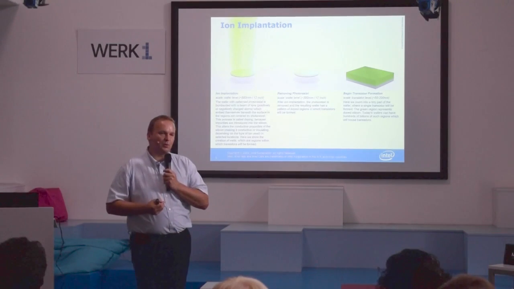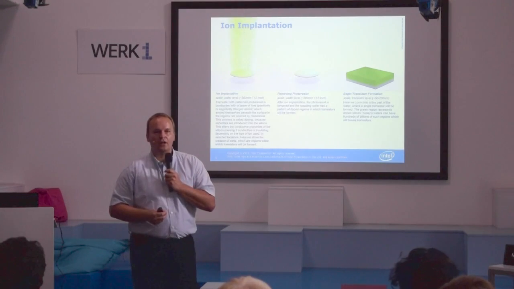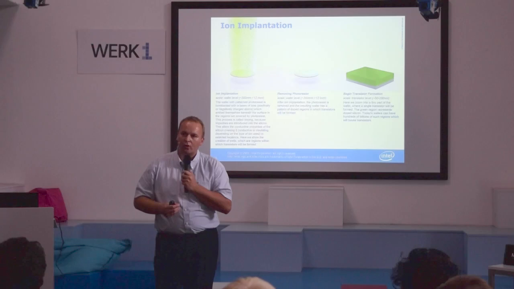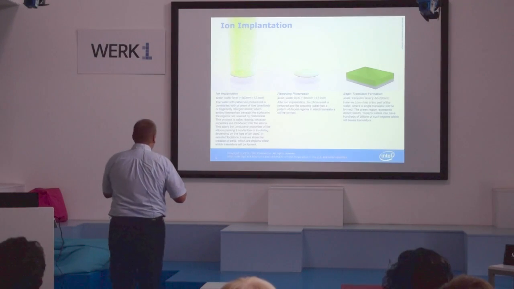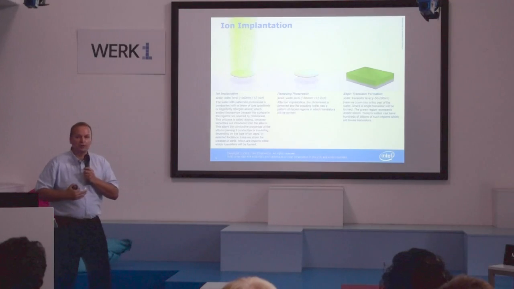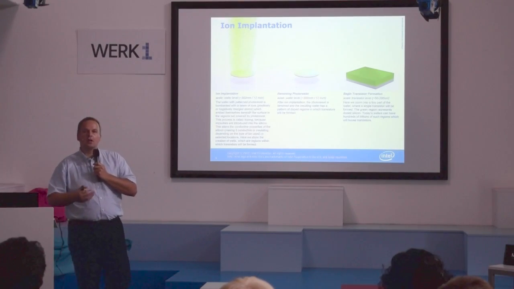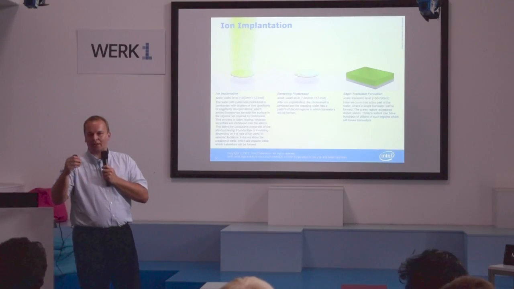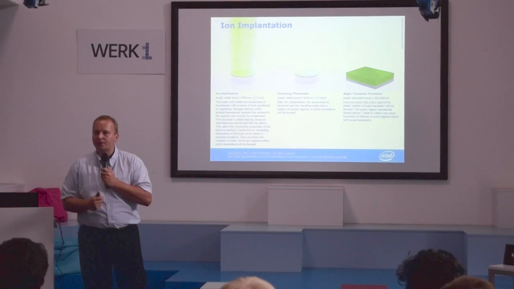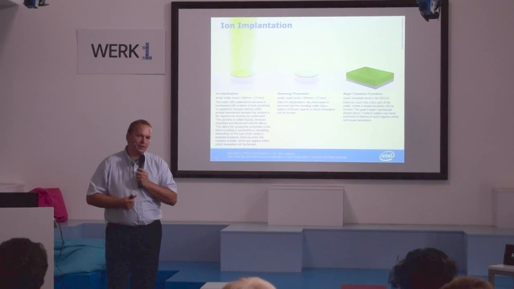We want them to be semiconductors, so we have to change the surface of that wafer according to our needs. Ion implantation is basically something where we put that wafer coated with photoresist into an oven, and then the gas goes in with the ions, and the ions basically implant themselves on the surface, and that's one big step in the beginning of the silicon manufacturing.